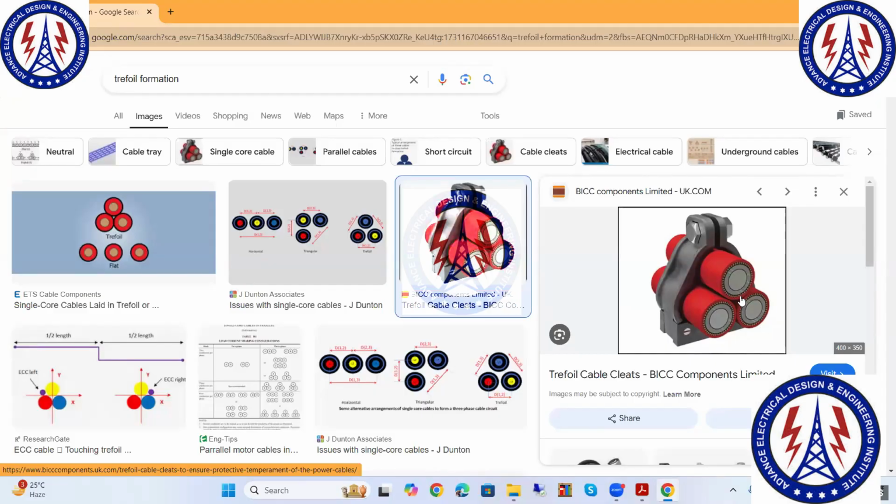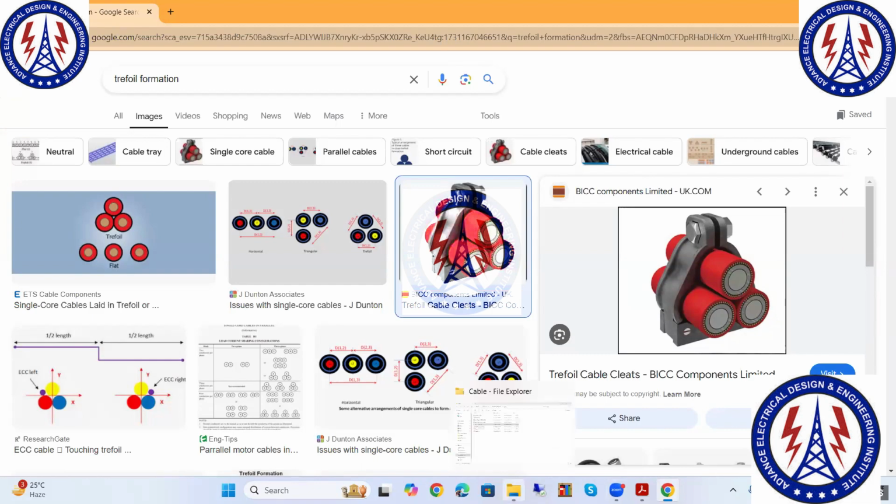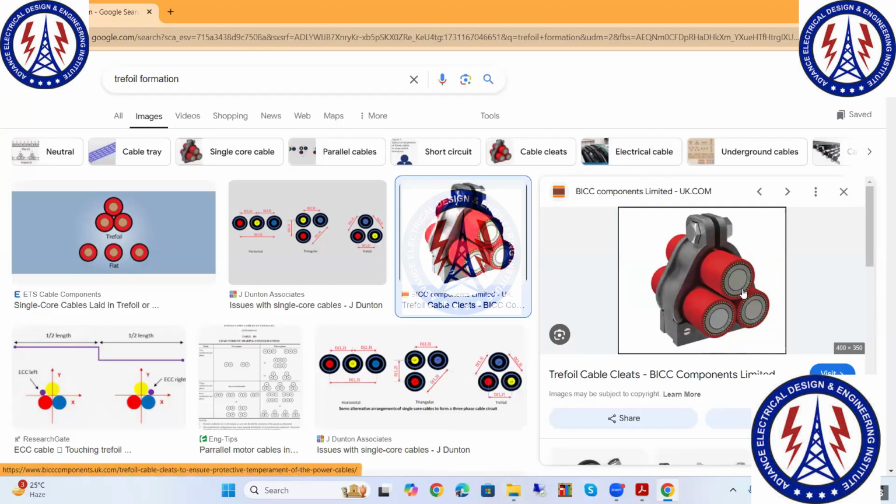What is the specific purpose of this? See, a single core cable means we are using one core for one phase, right? Then if we are using it like this, flux cancellation happens.